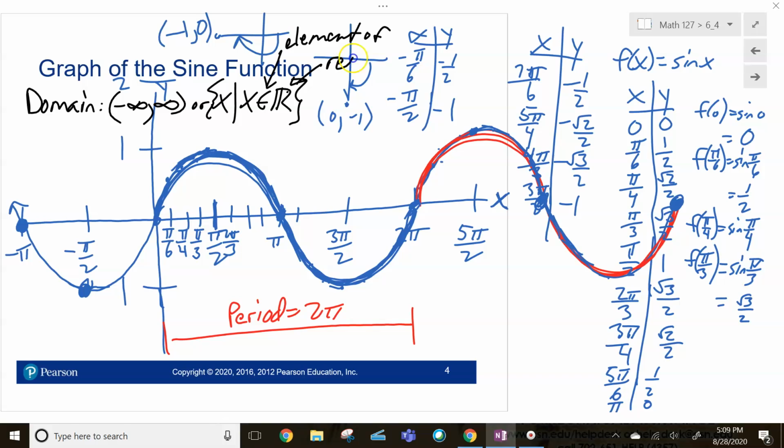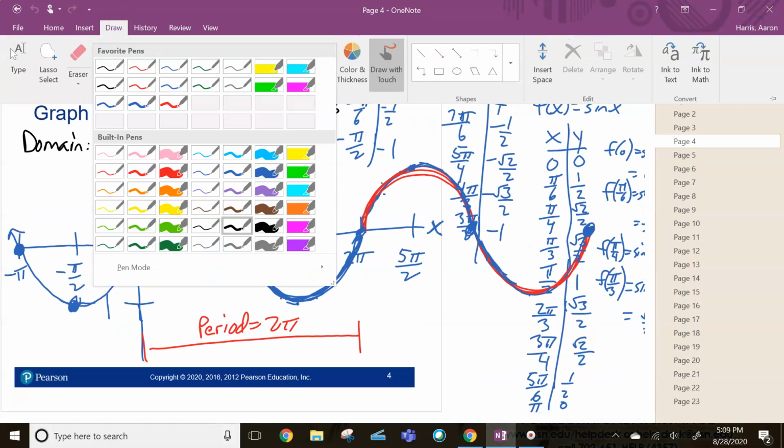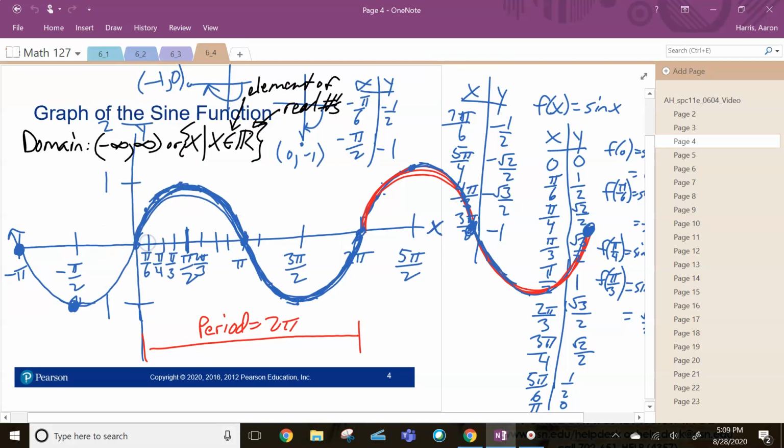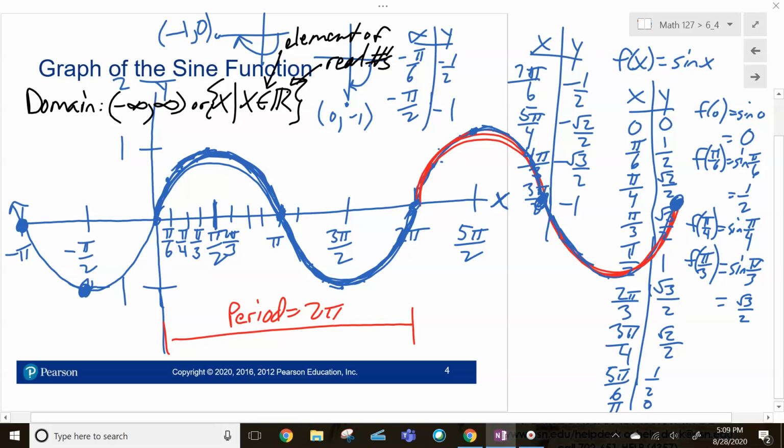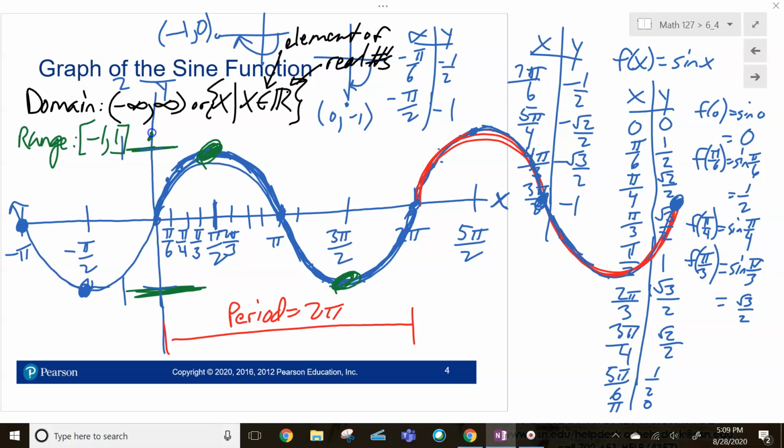The range was the highest y value and the lowest y value. Well, the lowest y value is negative 1. The highest y value it ever hits is 1. So there's your low, there's your high. It goes from negative 1 to 1. So your range, the set of y values, is negative 1 to 1, including, so brackets. Or you could say y such that y is less than or equal to 1 and greater than or equal to negative 1, if you want to put it in set notation.